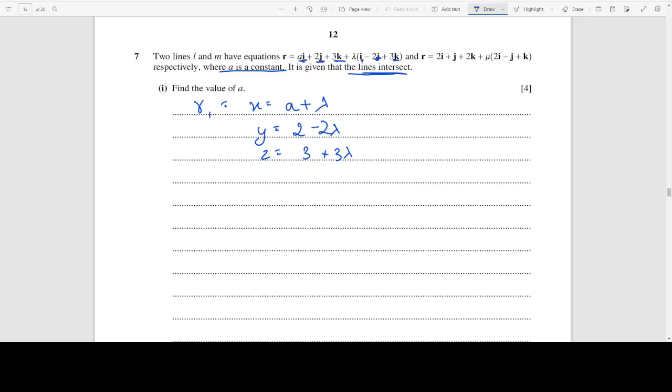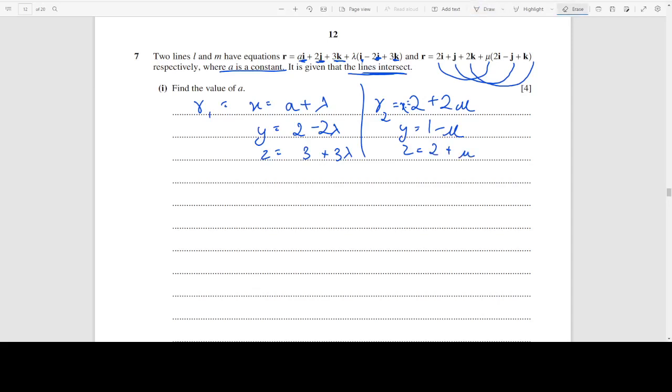Alright, and for R2, it's 2 plus 2 mu for x. For y, it's 1 minus mu, and for z, it's 2 plus mu.